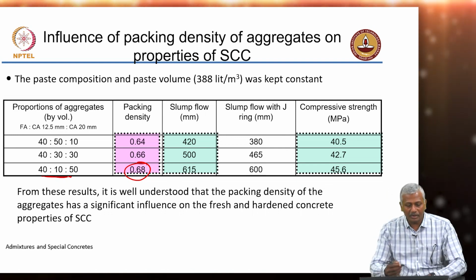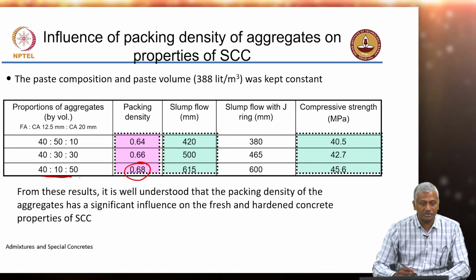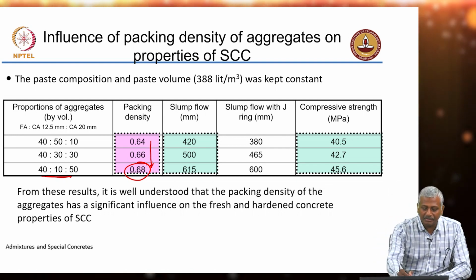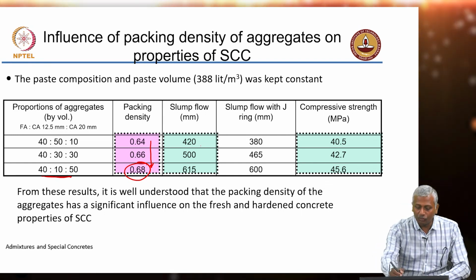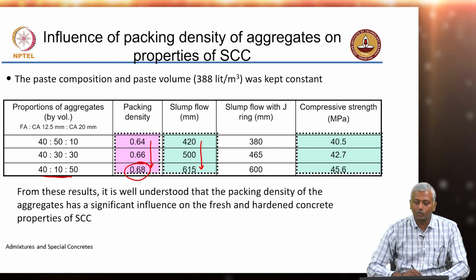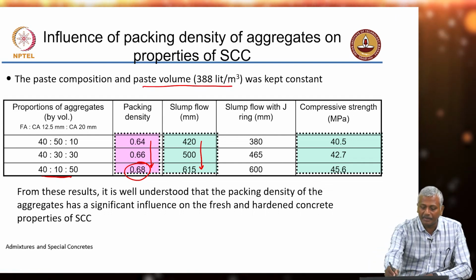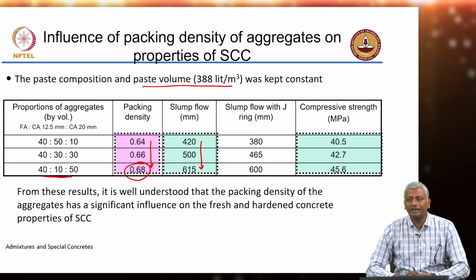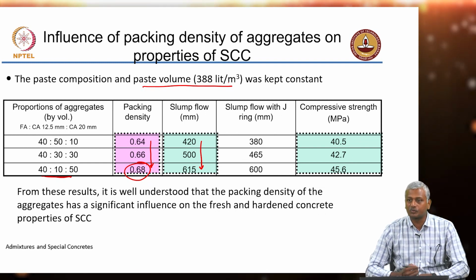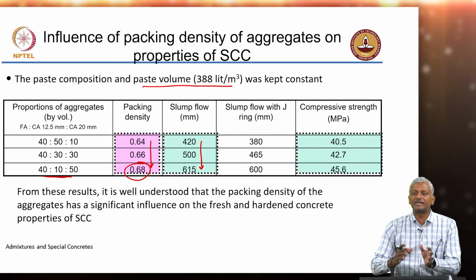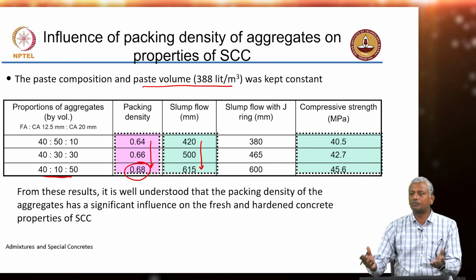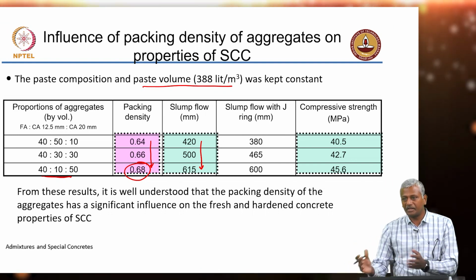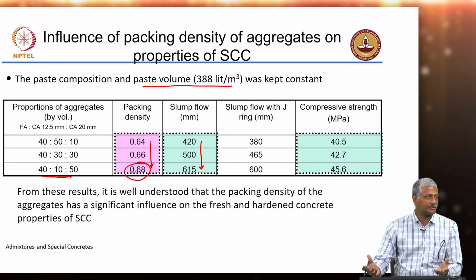not. So, look at this case here, there were 3 different combinations chosen, the packing density increases from 0.64 to 0.68. Okay. The slump flow increases from 420 to 500, the paste volume was kept constant, 388 liters per cubic meter of paste was used and the remaining 612 liters per cubic meter, because there is 1000 liters in 1 cubic meter, remaining 612 was the aggregate combination.